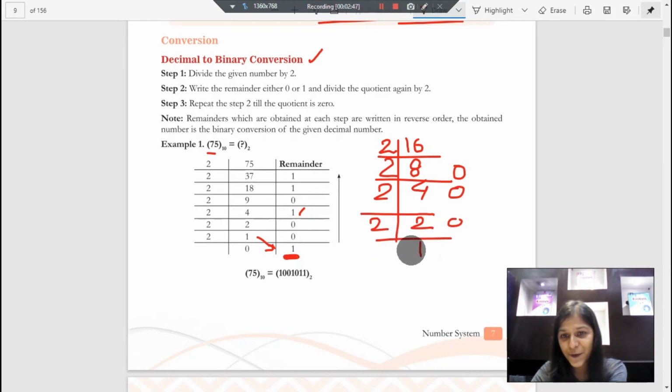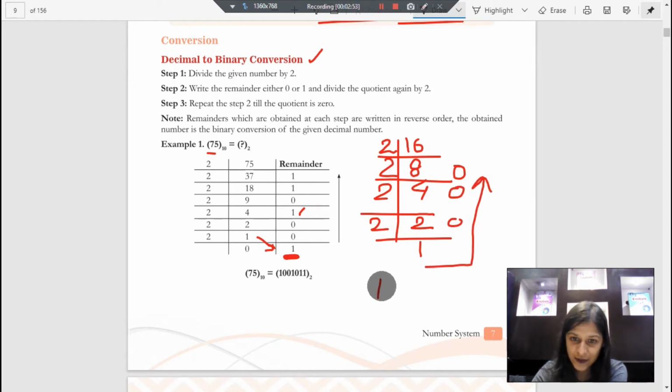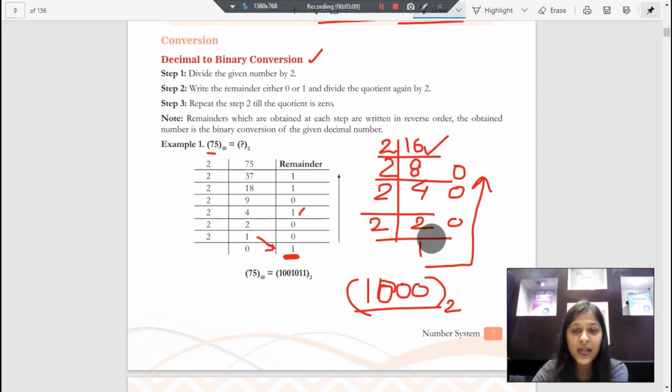So we will reverse the order like this: 1, 0, 0, 0, 0. This is how we have converted our 16 into the binary number system. So 1, 0, 0, 0, 0 is 16 in binary.